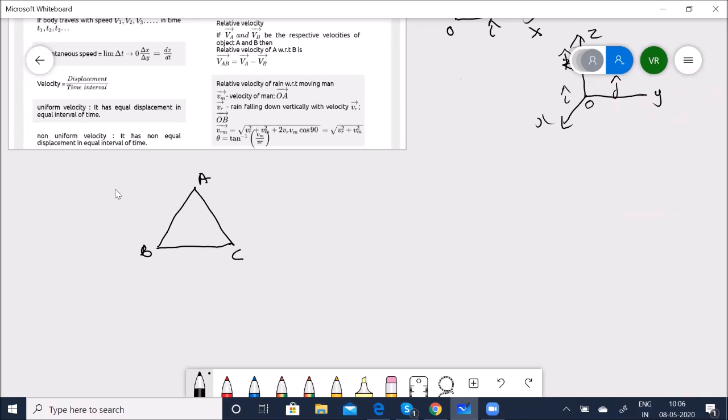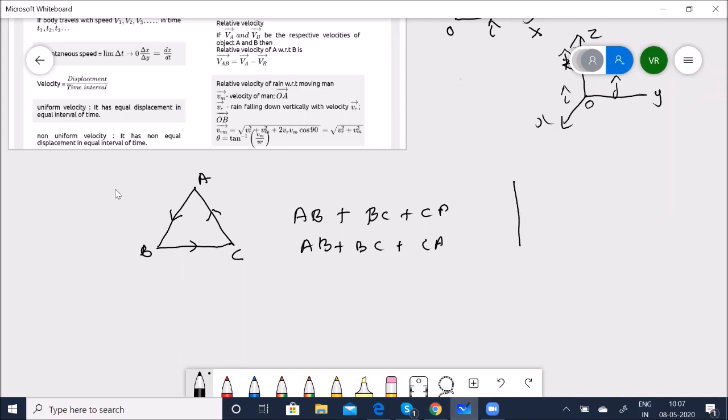Let us say an object is traveling from A to B, then B to C, and then C to A. The total distance traveled is AB plus BC plus CA. And the displacement in this case is also the same, AB plus BC plus CA. Not in all cases are distance and displacement the same.